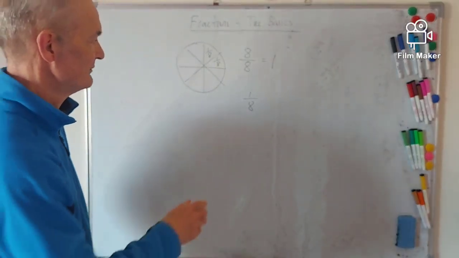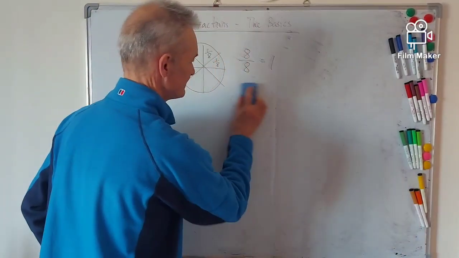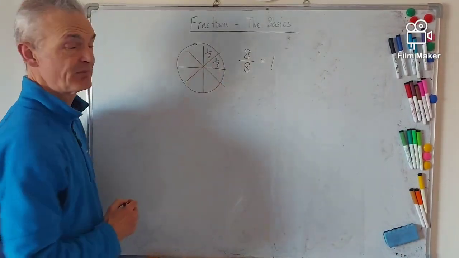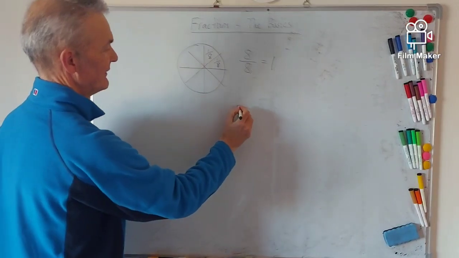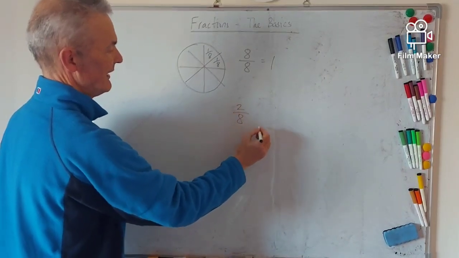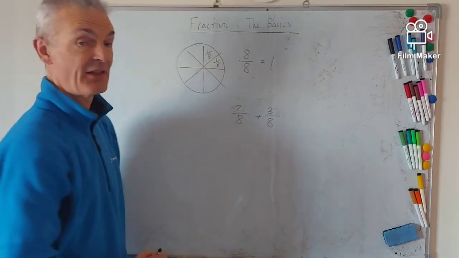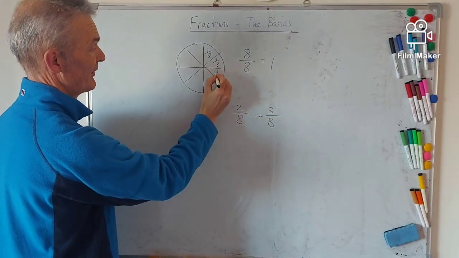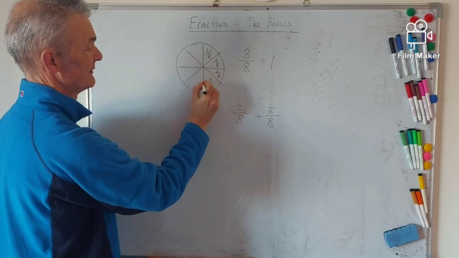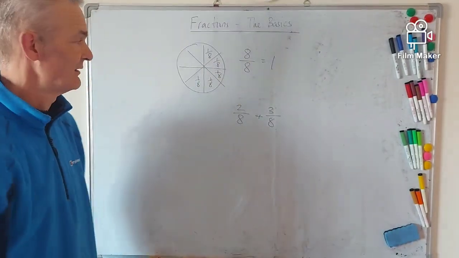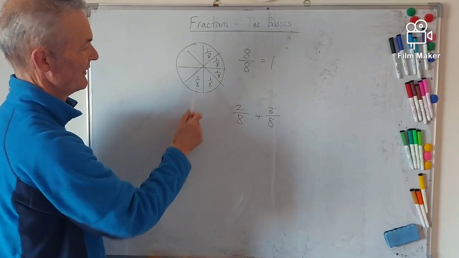Now, if you've got, for example, I've got those two there, 2/8. And if I add to that, say 3/8, so I'm going to put another 3/8 in here. How much have I got altogether? So I've got those 2 plus those 3.